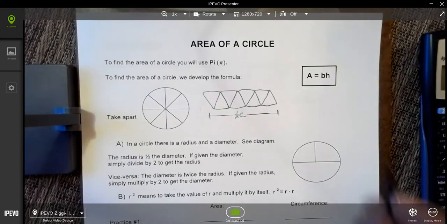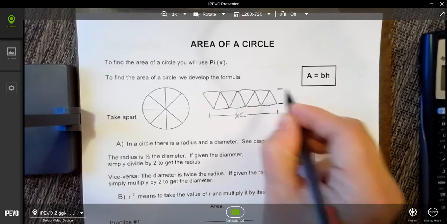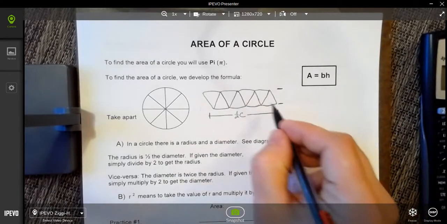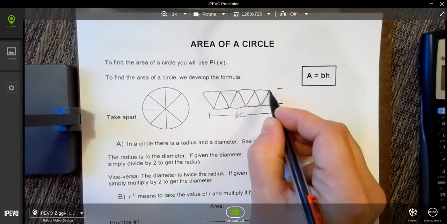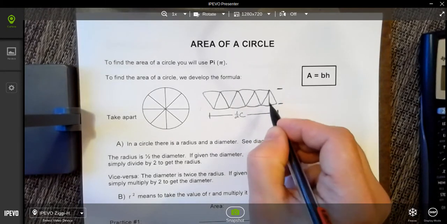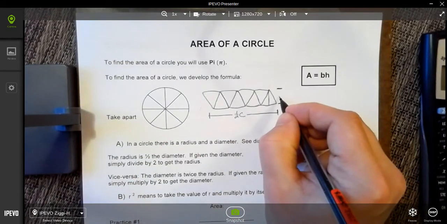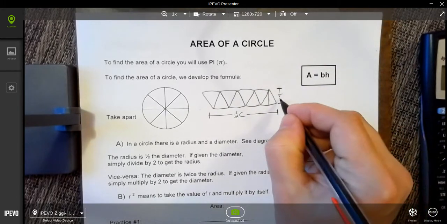Next thing we need to do is try to figure out, well, what does the height of our parallelogram represent from our original circle? And if we look at what this distance would be, all right, from this point here to this point that lands on that curved section, well, that is going to end up being the radius of our circle. And let me get my pencil working again.